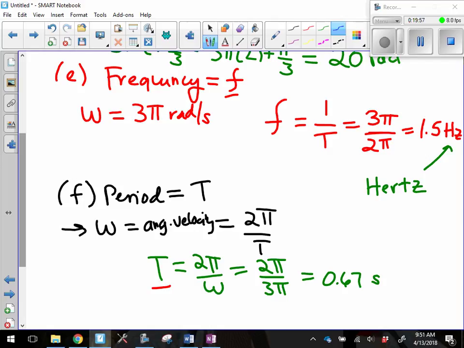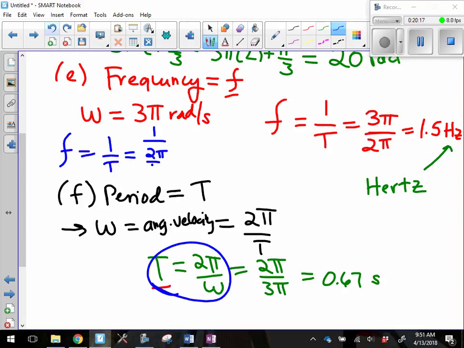Okay, so if we back up here a little bit, I've still got f is 1 over, not pi, it's 1 over T, and T is equal to this. So this is 1 over 2 pi over omega, and a denominator of a denominator is a numerator. Or even further, omega is 2 pi f.